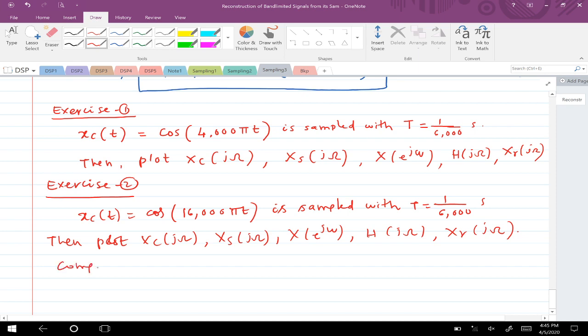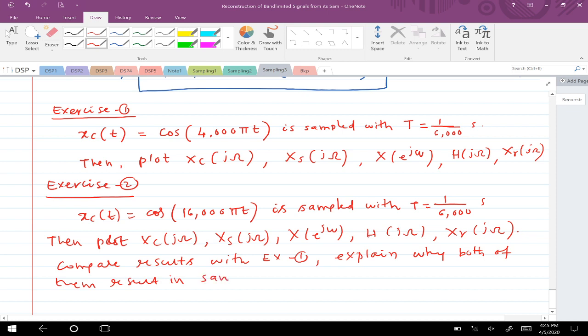So I want you to compare the results you obtained here with the results you obtained in exercise 1, and then get an explanation on why both of them result in the same x of n. This is the exercise for you.